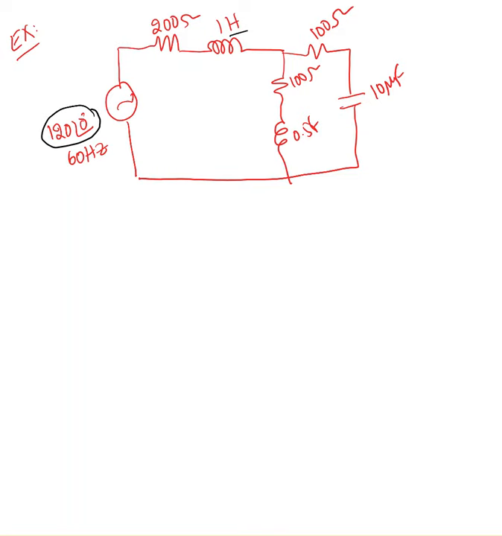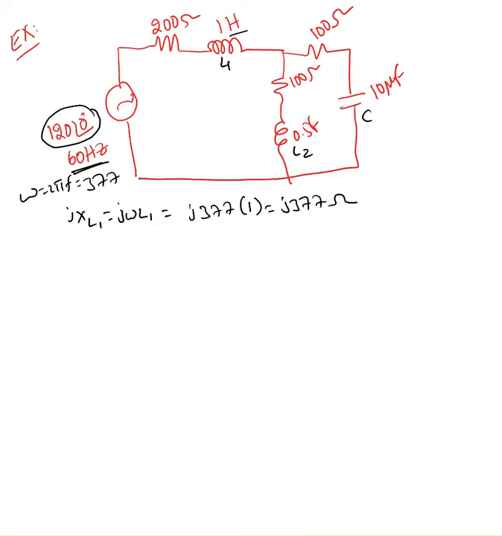Now everything we're going to convert this into ohms. So that's L1, L2, and C. Okay, so jXL1 equal to j omega L1. What is omega? Frequency is given, so omega is 2 pi f, which is 377 in this case. So j377 times 1, which is j377 ohm. jXL2, j omega L2.